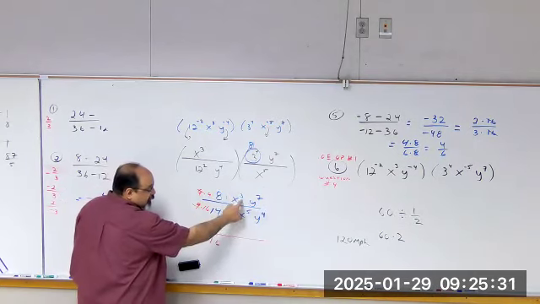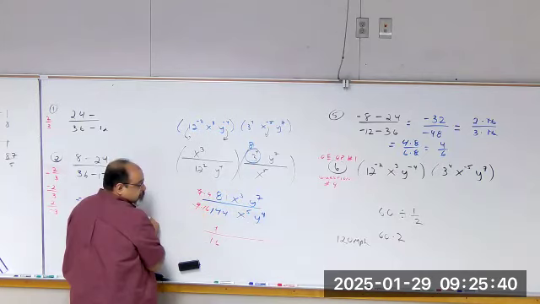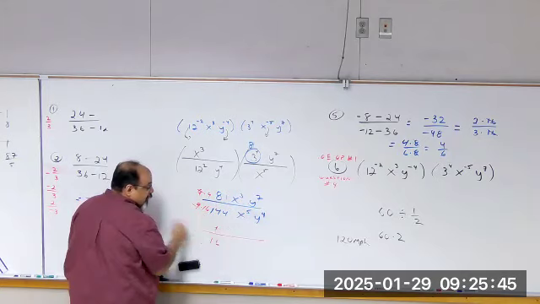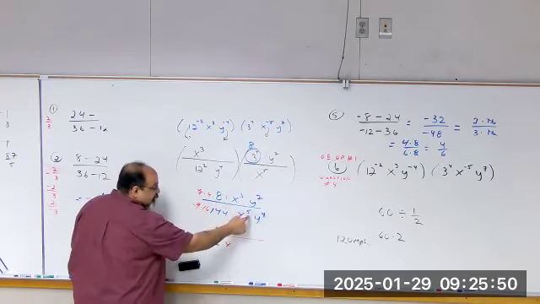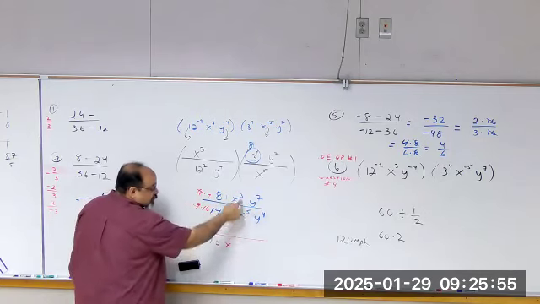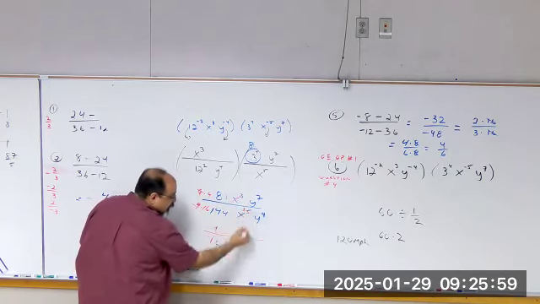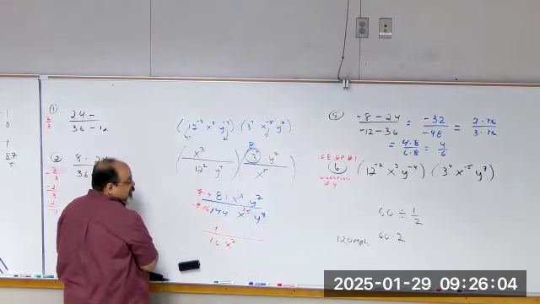When you divide, you subtract the exponents. So x to the 3rd over x to the 5th, which exponent is bigger, the 3 or the 5? 5. So where is x going to end up? In the numerator or denominator? In the denominator. How many more is the 5 versus 3? 2. So x to the 3rd goes into x to the 5th, leaving x squared down below. 5 minus 3 is 2.